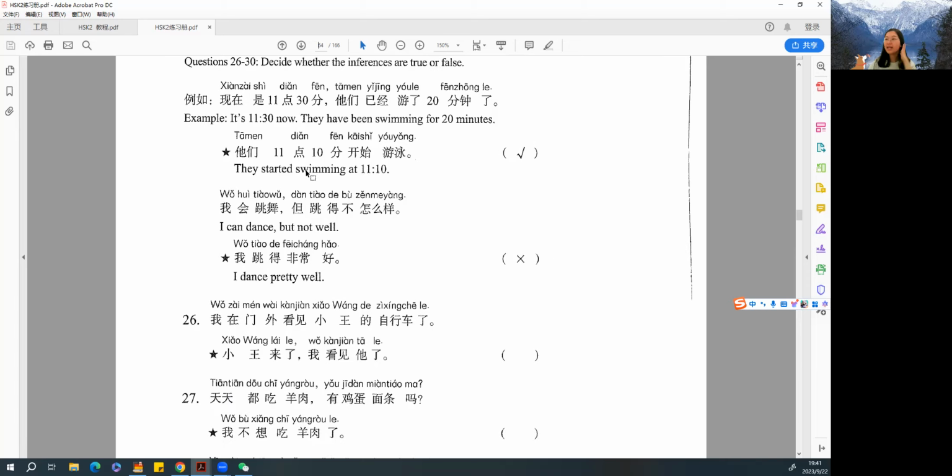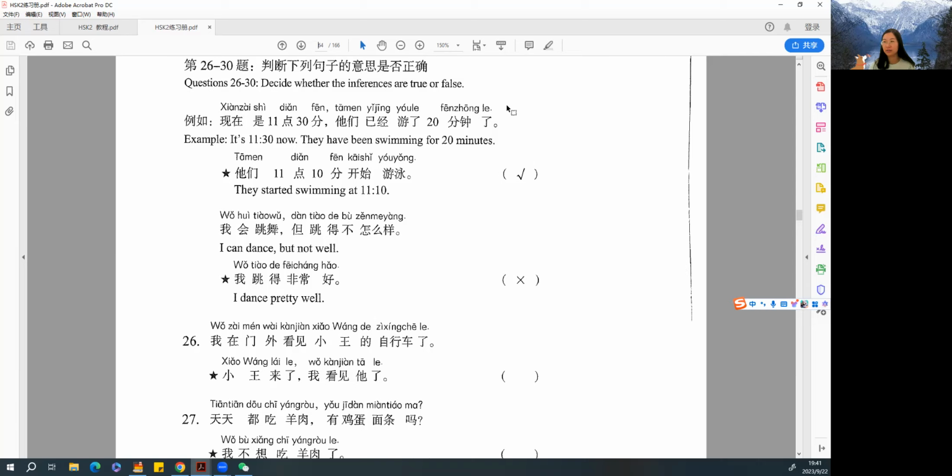So here, 现在是11:30，他们已经游了20分钟了。This type of sentence is also very tricky, not only in reading but also in listening. You really have to pay attention and understand the whole meaning of the sentence. So there are numbers like 11, right? 30, right? 20.